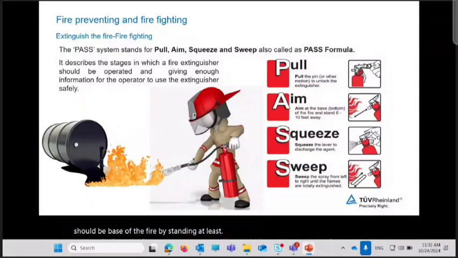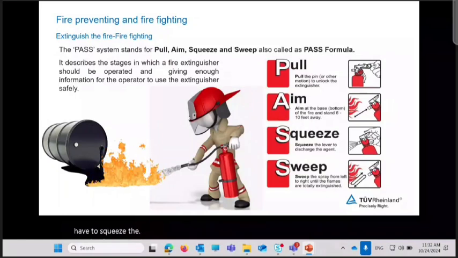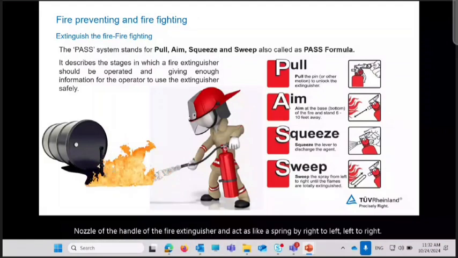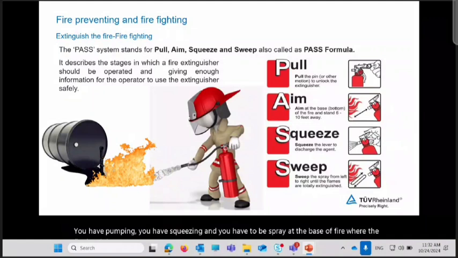Then you have to squeeze the nozzle handle of the fire extinguisher and spray from right to left, left to right. You squeeze, and you spray at the base of the fire where the fire originates. In this way, you can overcome the fire.